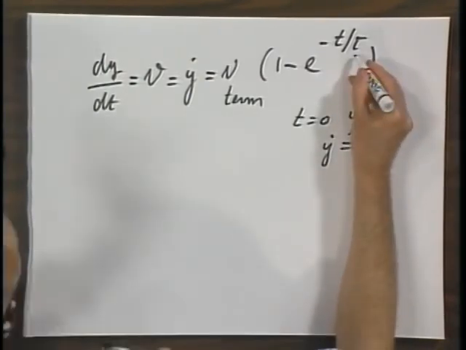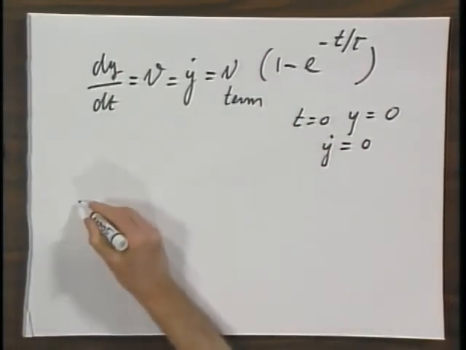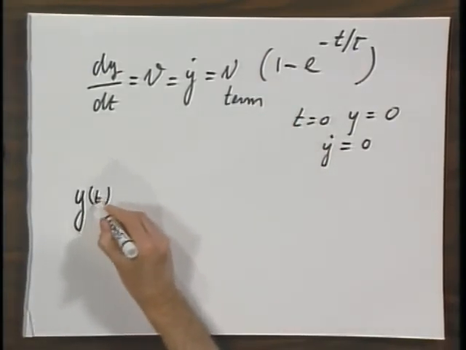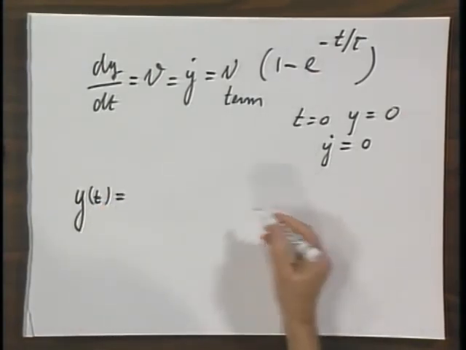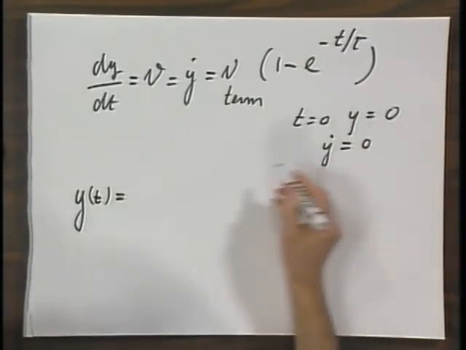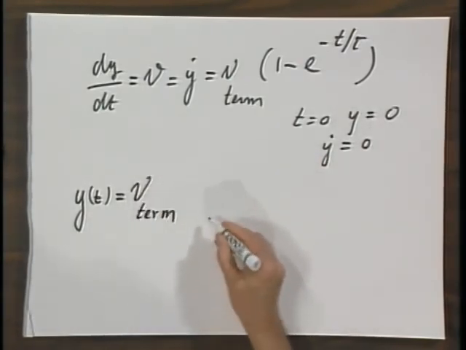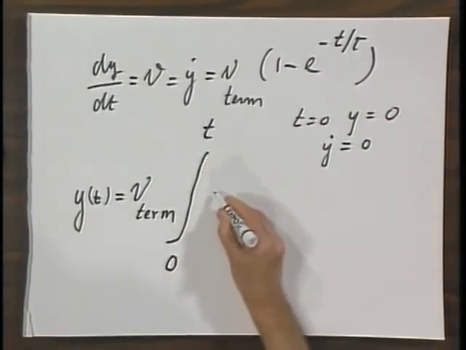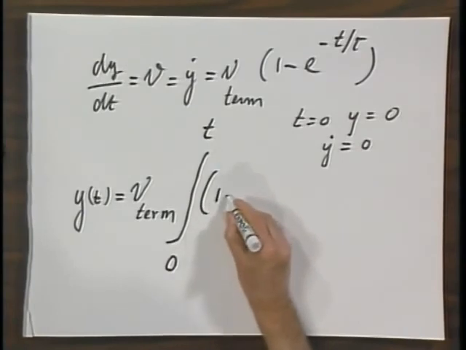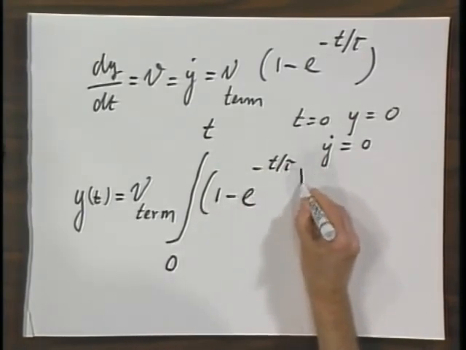We know what tau is, we calculated that. We know what the terminal speed is, we calculated that too. How do we find now y as a function of time? Where it is as a function of time? Well, that becomes an integral, and I leave it up to you to execute that integral. It's not the hardest one. It is the integral from 0 to t, 1 minus e to the minus t over tau dt.